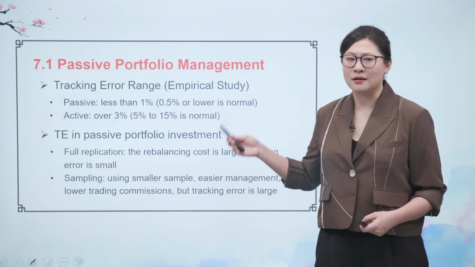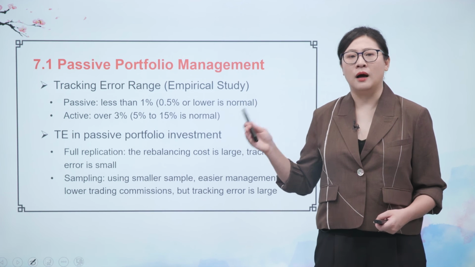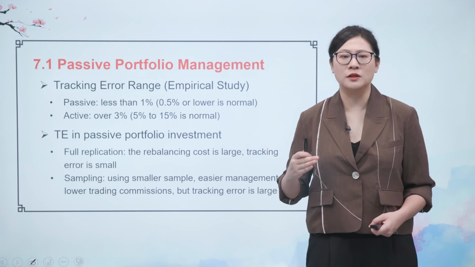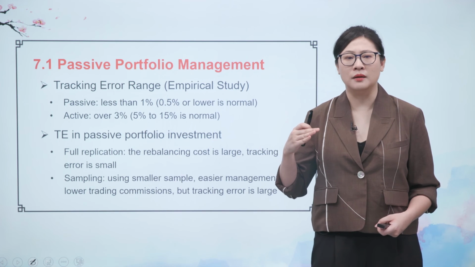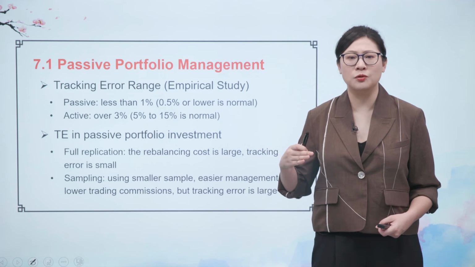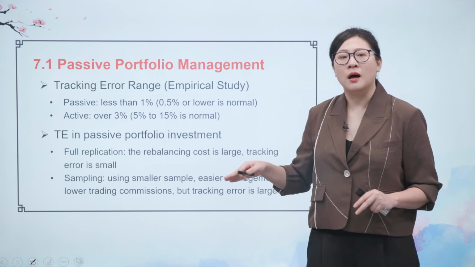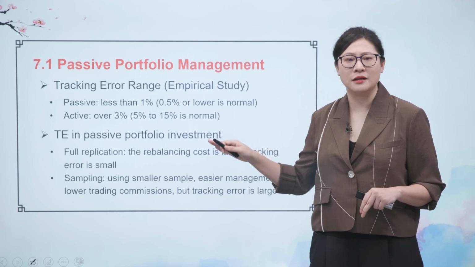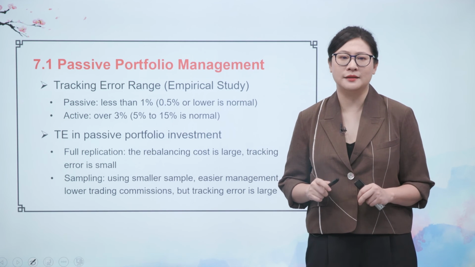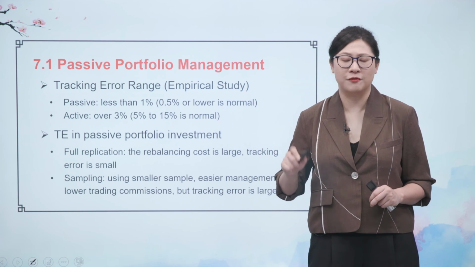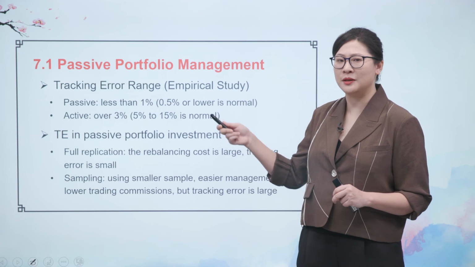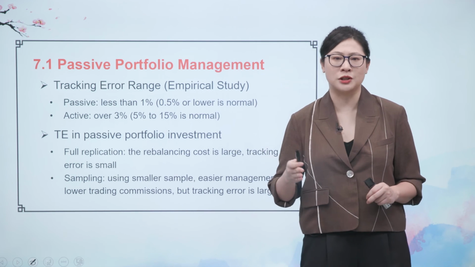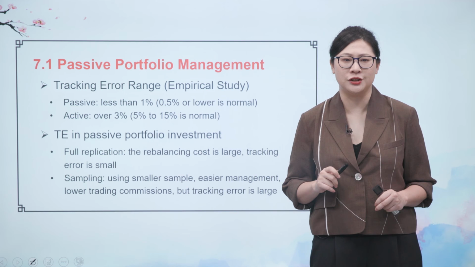And for the active portfolio, the tracking error is over 3%. Sometimes it is 5% to 15%. Between the passive and active portfolio, we call it the structured portfolio. So the tracking error between these two is the structured portfolio's tracking error range.